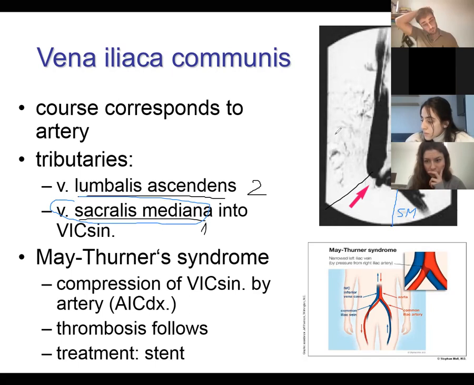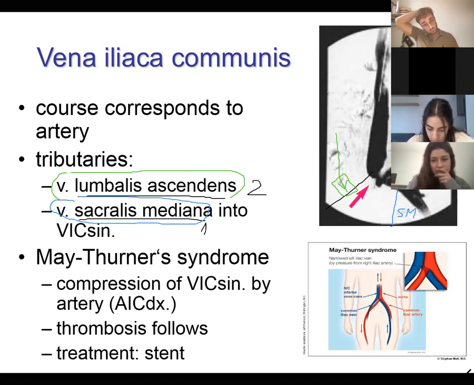You can see one here, and the other would be here, which drains caudally. I said these two are hidden behind psoas major, so you cannot see them. The only thing you can see is the terminal segment. Yeah, we will show this during the dissections, this terminal segment of the ascending lumbar vein. The rest is hidden behind psoas, but of course you can see it on imaging methods.